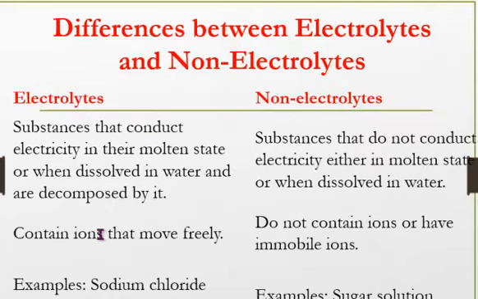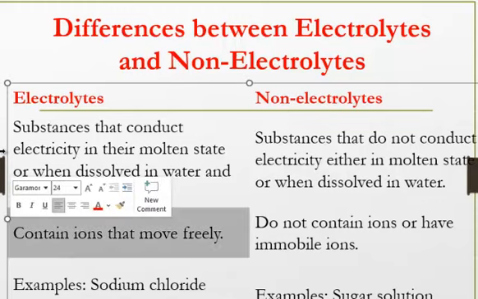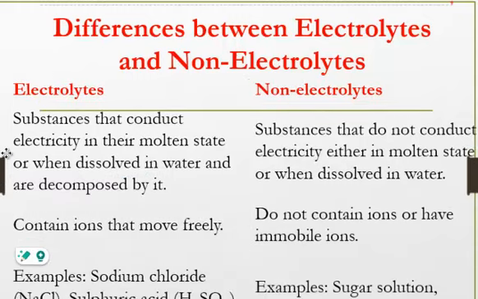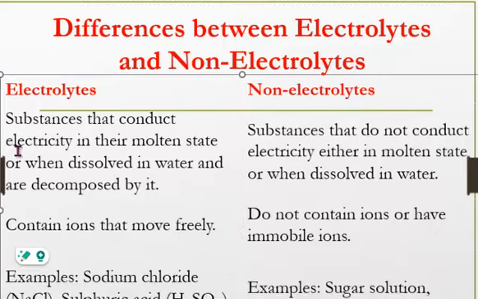Now, the difference between electrolytes and non-electrolytes. Substances that conduct electricity in their molten state or when dissolved in water, and are decomposed by it, are referred to as electrolytes. They conduct electricity when they are in molten state. While substances that do not conduct electricity either in molten state or when dissolved are referred to as non-electrolytes.